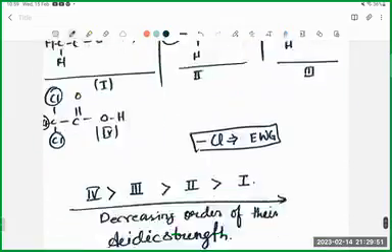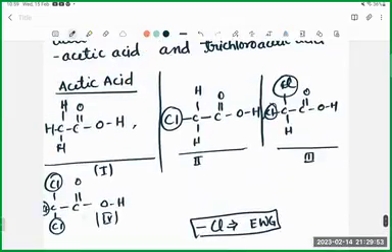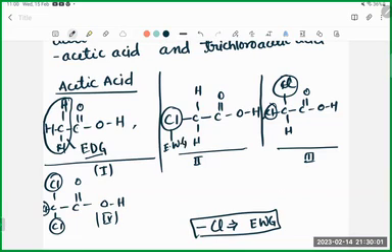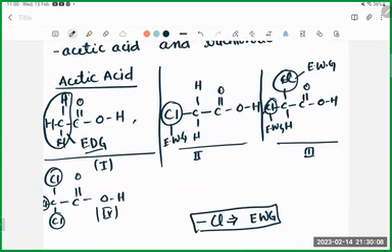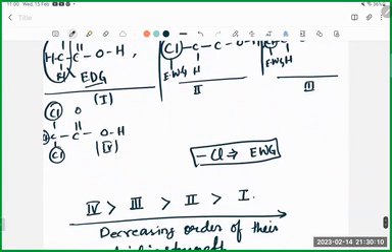That is the reason I have taken acetic acid last, because this has an EDG group, electron donating, and this is an EWG group, this is an EWG group. Clear, Hridaya? Yes. The more the EWG groups, the higher the acidic strength. That is why this is the order.